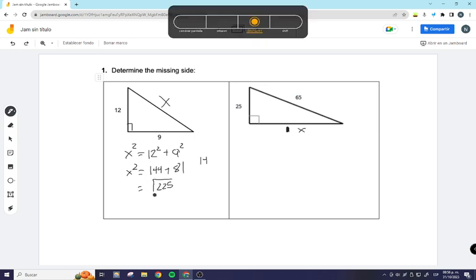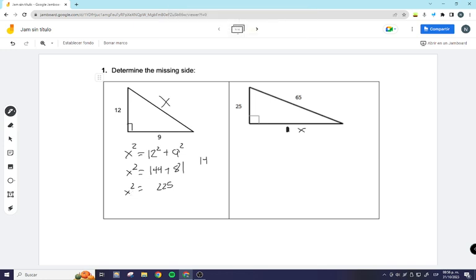Sorry, the root not yet. x squared is 225, and for x you have to find the square root of this, 225. You can either do it with the calculator, and you will get a quick answer, which is 15.